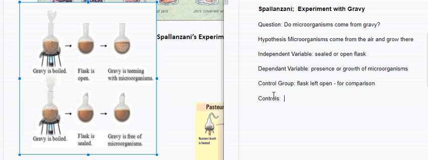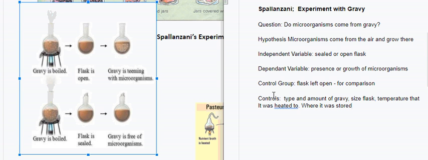The controls include, hopefully you had, things like type and amount of gravy, size of flask, temperature that it was heated to, where it was stored.